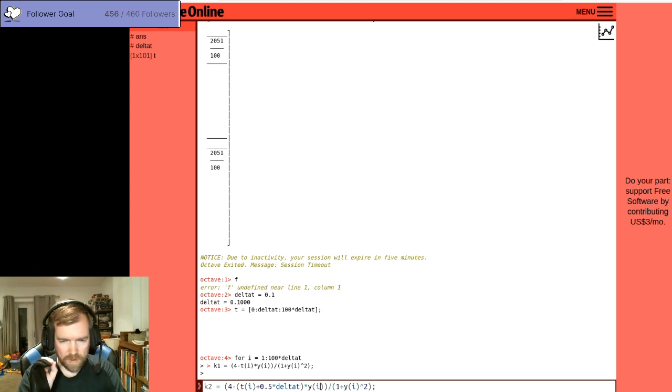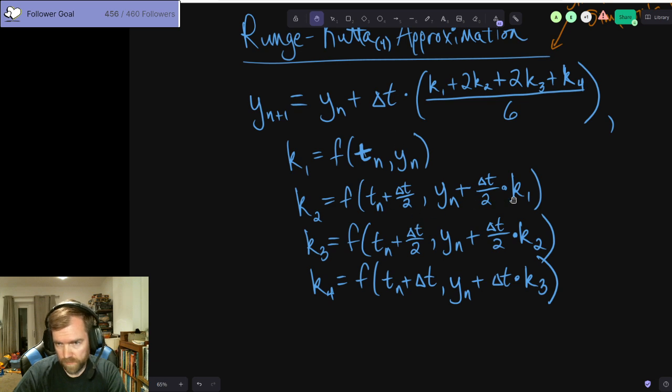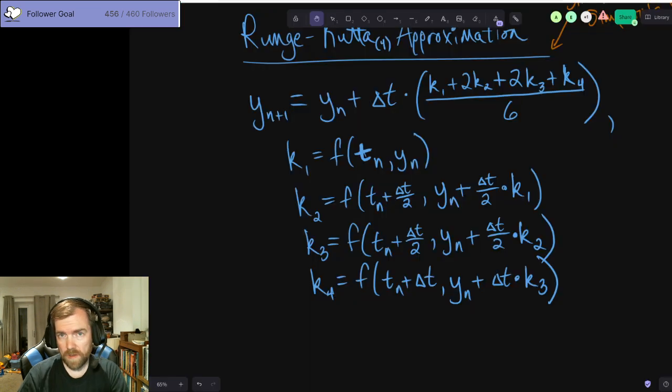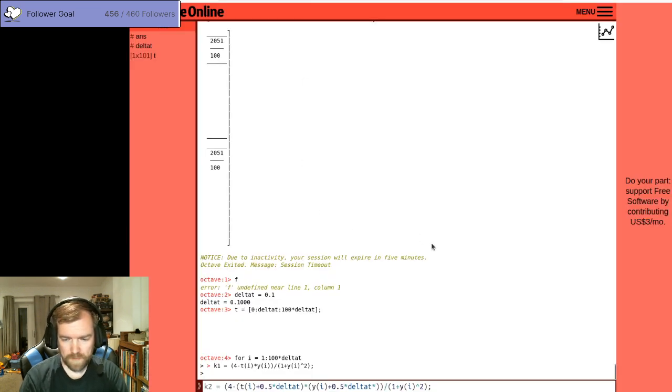And then we want y of, okay, so y sub n, that's this thing, plus 0.5 times delta t times k1, same deal, 0.5 times delta t times k1.